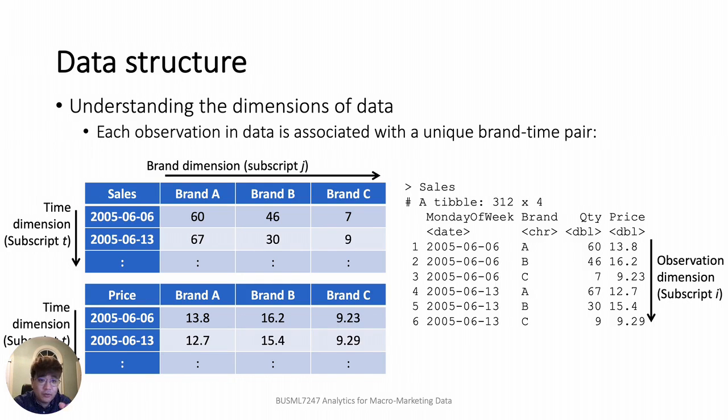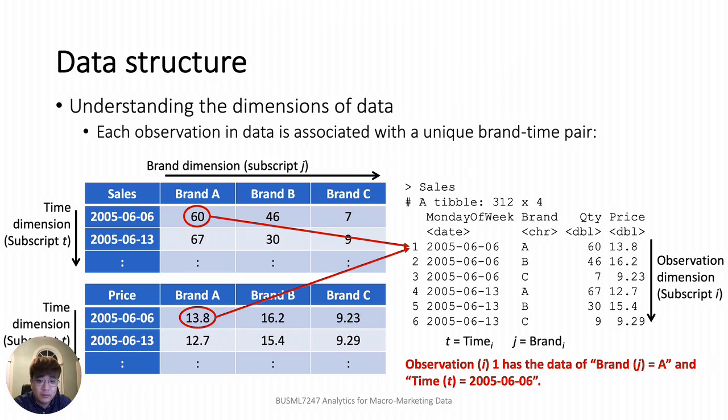But the actual data are stored differently from the two-dimensional image. The data set is actually unidimensional, and let's say this dimension is the observation dimension denoted by subscript I. Instead, each observation contains information of the two dimensions.